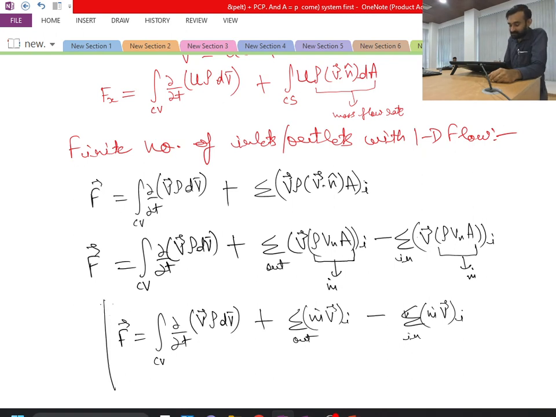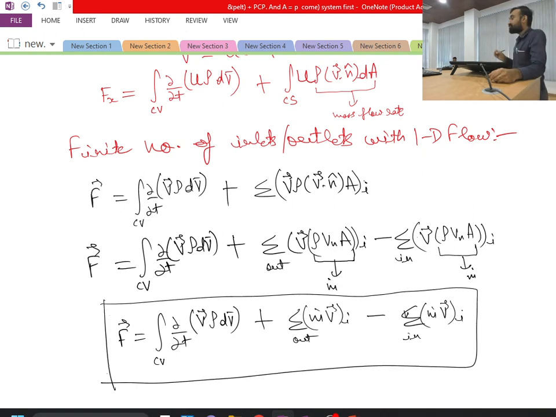So it means that the net force acting on a fluid element is equal to the rate of change of linear momentum of the control volume plus the net change of linear momentum across the boundaries of the control volume.